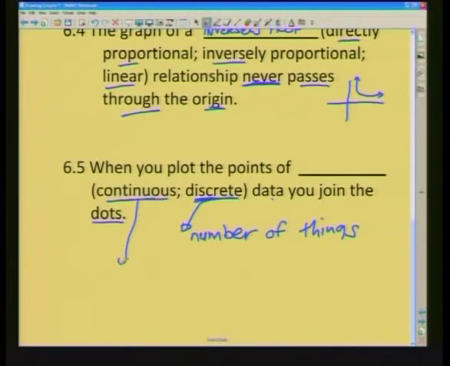Continuous data, things like temperature, height, weight, and so on. You can always get in between values. So when you plot the points of which one of these do you join the dots? You will always join the dots to show intermediate values, which means we are talking about continuous data that we are allowed to join the dots.